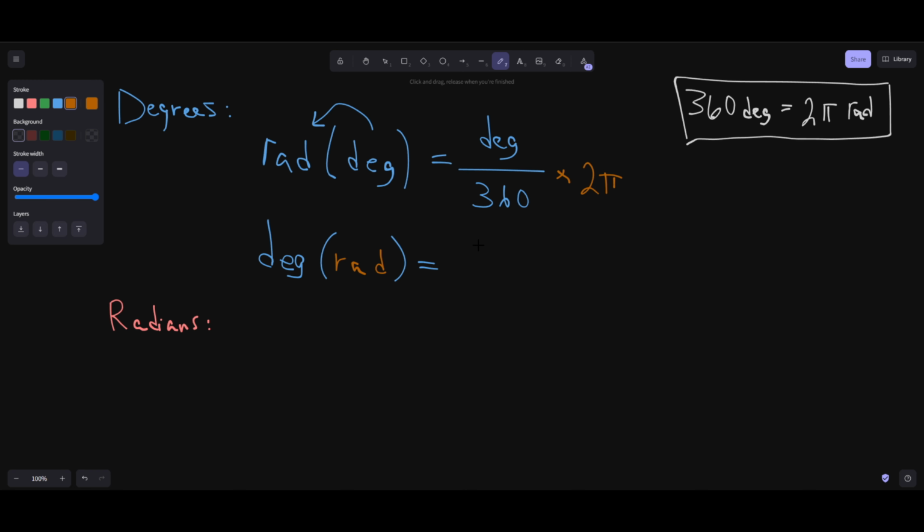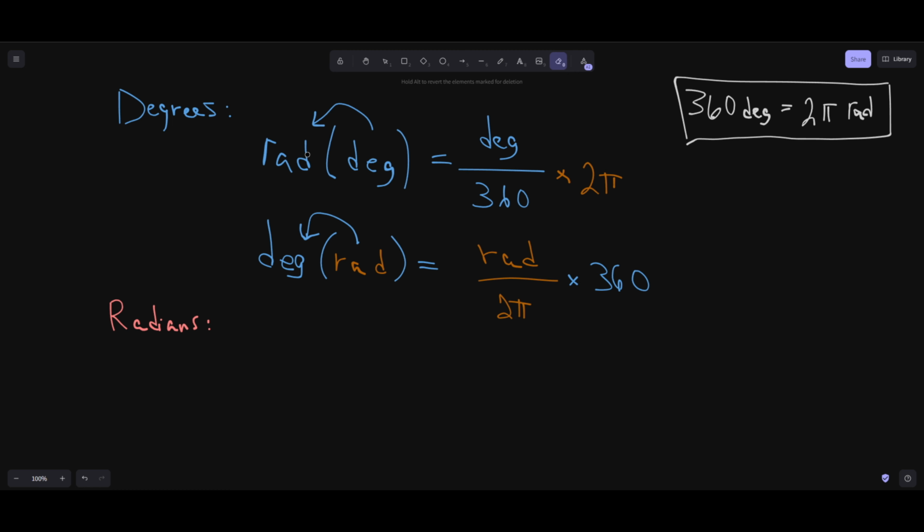Then that would be the radians that I'm converting over 2 pi times 360, since we're going from radians to degrees. And just for consistency here, not that it matters, because I'm about to move on anyway, I'm just going to color code that. So these would be the two formulas that you would use to convert back and forth.